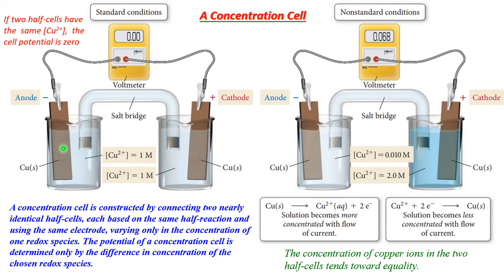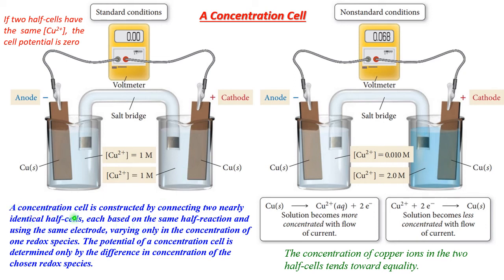Now, if the left side is identical to the right side, there will be no current or no voltage here. Nothing happens. So for standard conditions, 1 and 1 molar, potential of such a cell is 0.